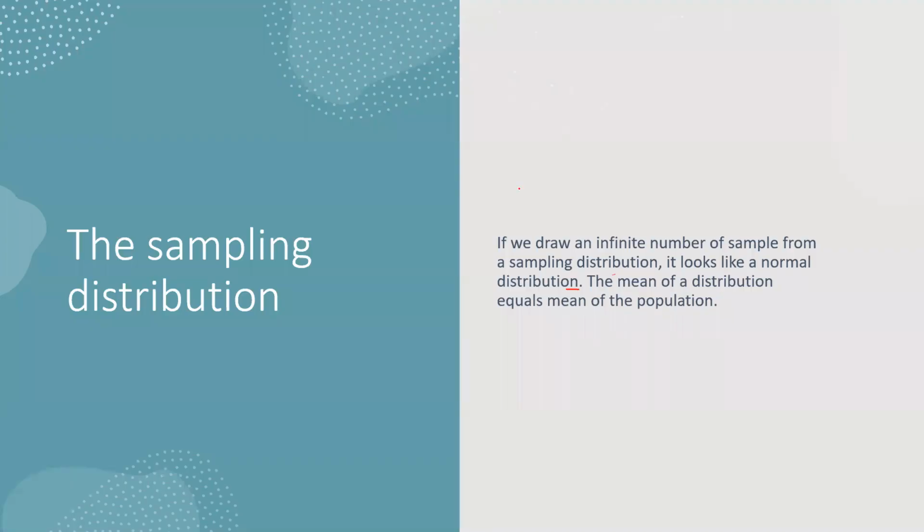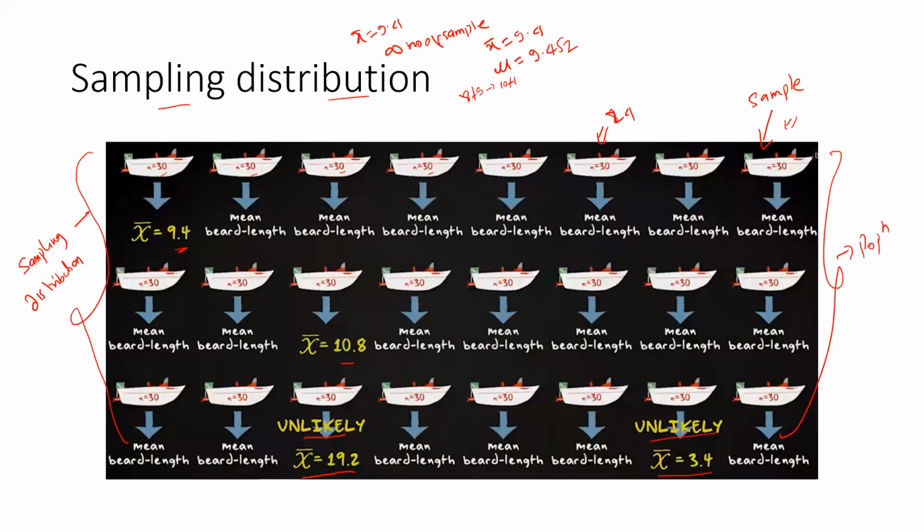So sampling distribution says if we draw an infinite number of samples from a sampling distribution, it looks like a normal distribution, and the mean of our distribution equals the mean of the population. So this is my whole sampling distribution. Here we have 24 samples, right?